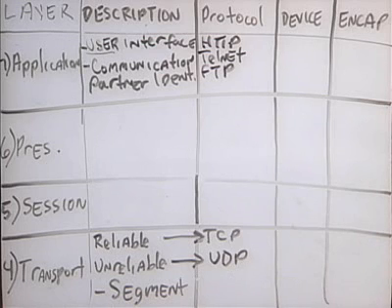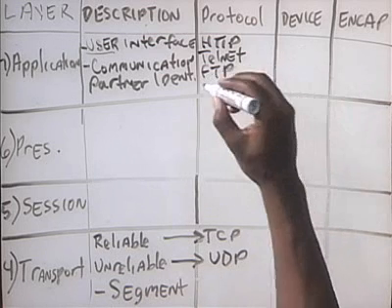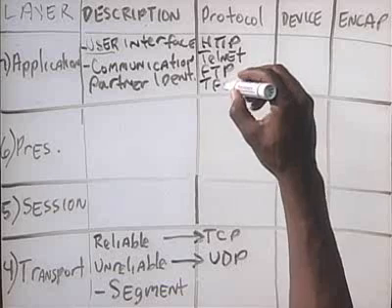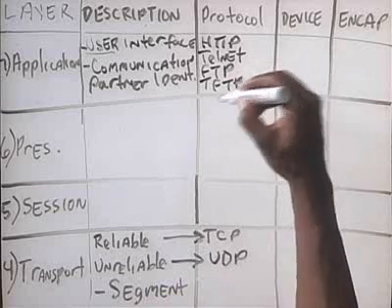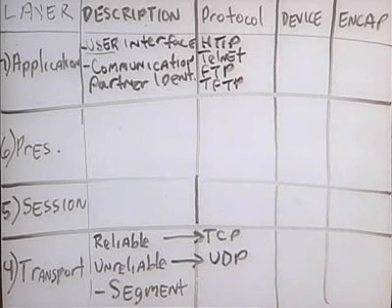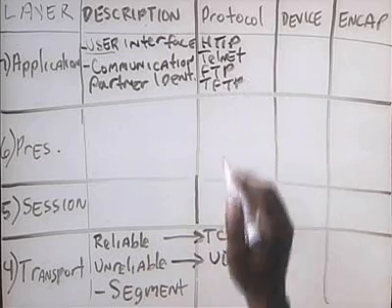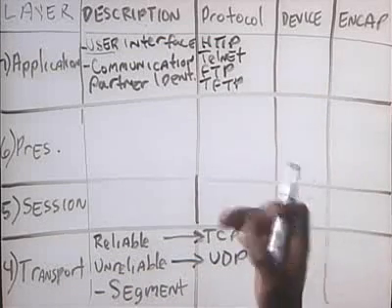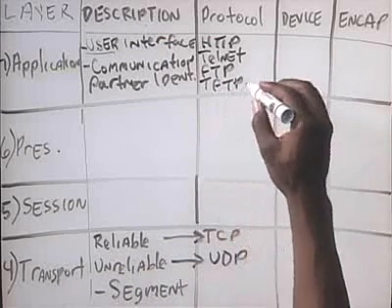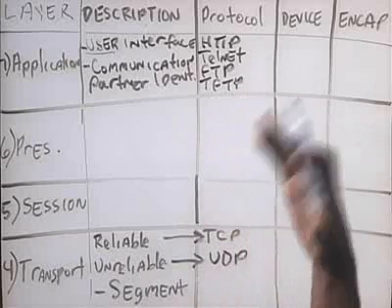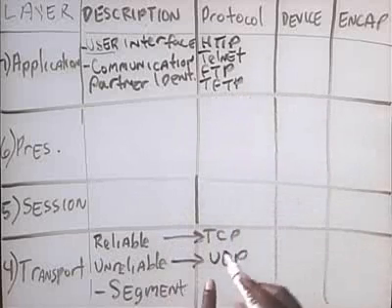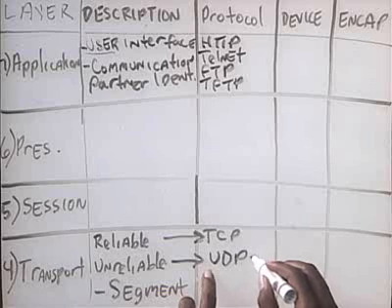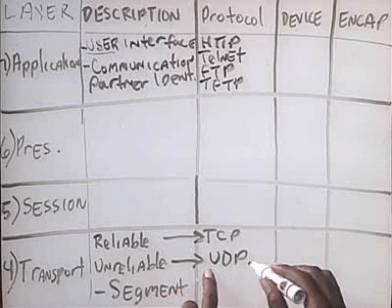Oftentimes across the internet, you can use FTP, and then there's what we call TFTP, Trivial File Transfer Protocol. This is a scaled-down version of FTP, used for smaller file transfers. And this particular one uses unreliable communication with UDP.